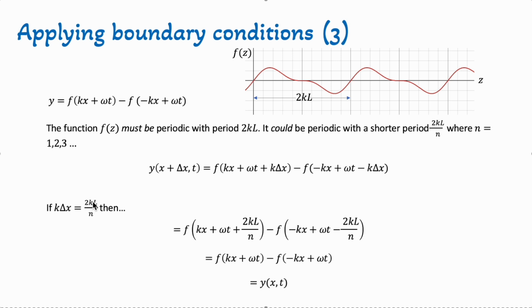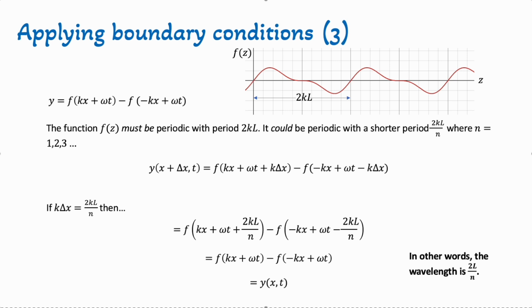So delta x being 2L over n will lead to everything repeating itself. So we have found that the wavelength of any waves that are set up on our string must be 2L over n, where n is a whole number.